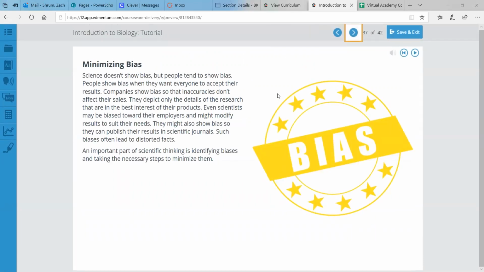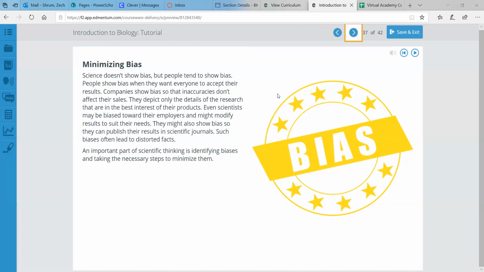Bias. That's a good word. Science doesn't show bias, but people, humans, flawed, crazy people, they have bias, even if they don't know it sometimes. So if a company performs a study, they have an interest in making the study look good for their products, right?